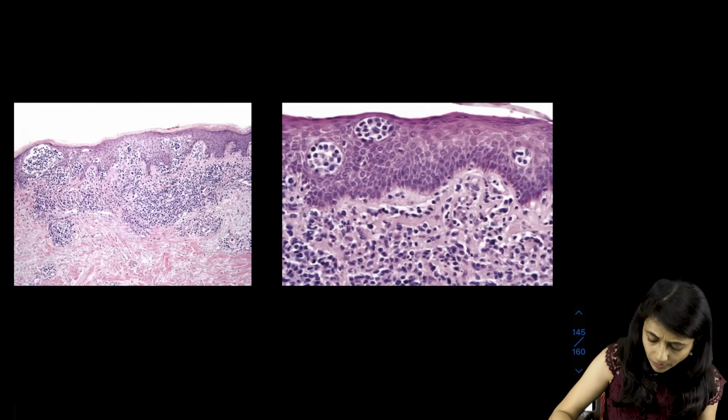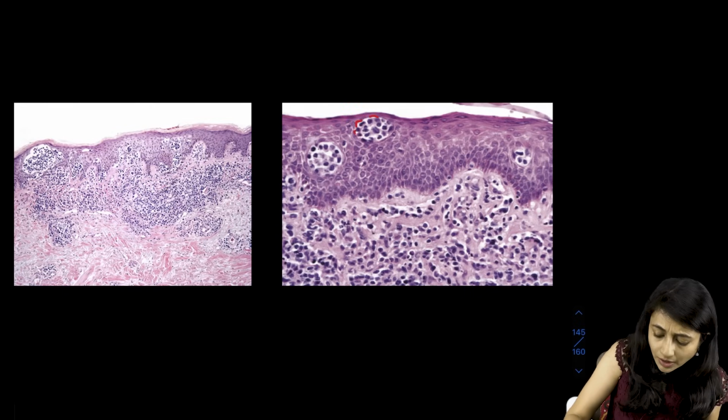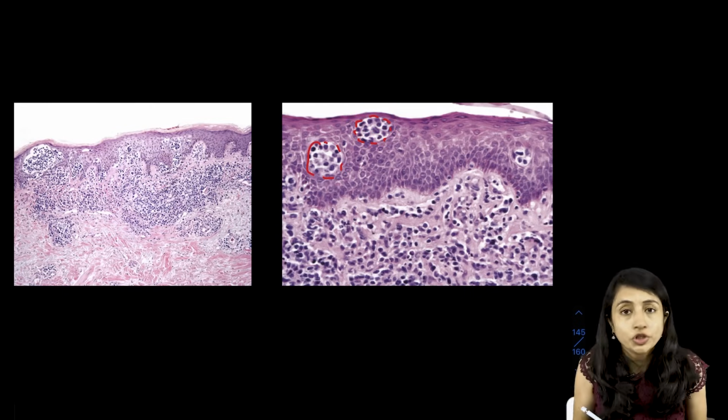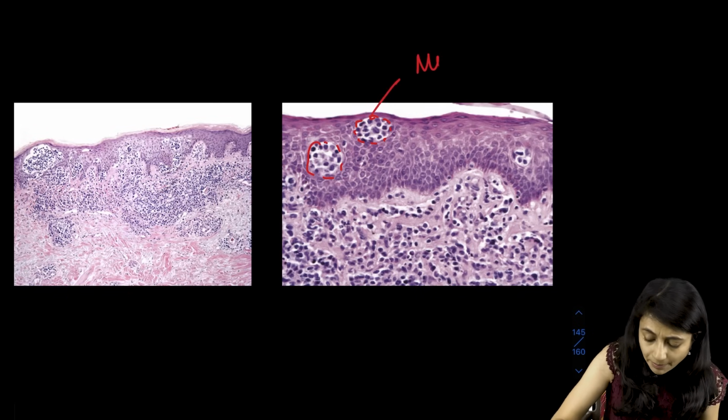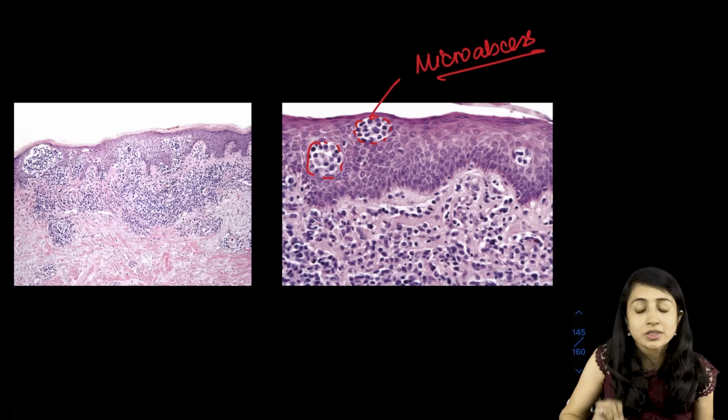I wanted to talk about this. Sometimes they give you this histopath image where they are depicting a collection of neutrophils, which is microabscesses, and they want to ask you what these microabscesses are.